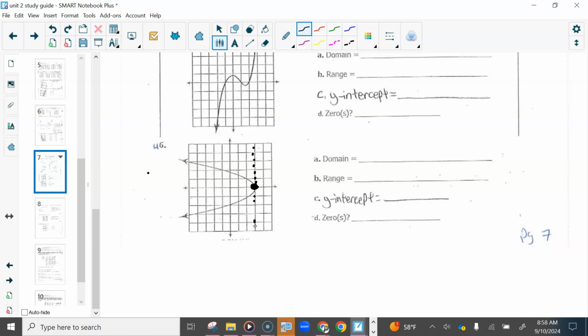So I can say it's everything to the left of 3. Would that be less than or greater than 3? Less than or equal to. So start off with your curly brackets. X, the line. X is less than or equal to 3.